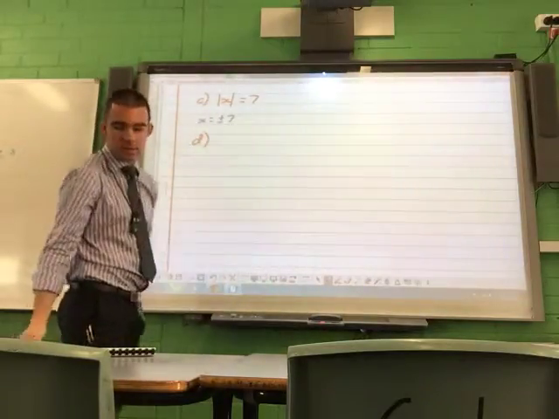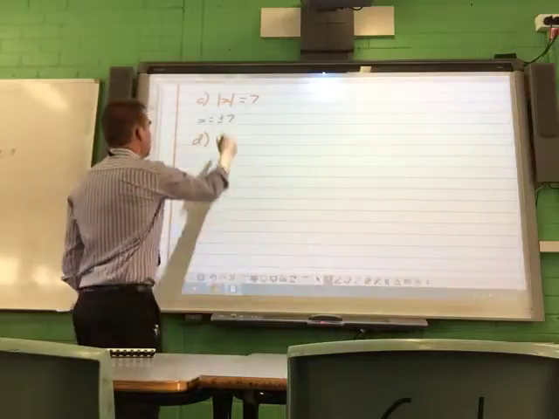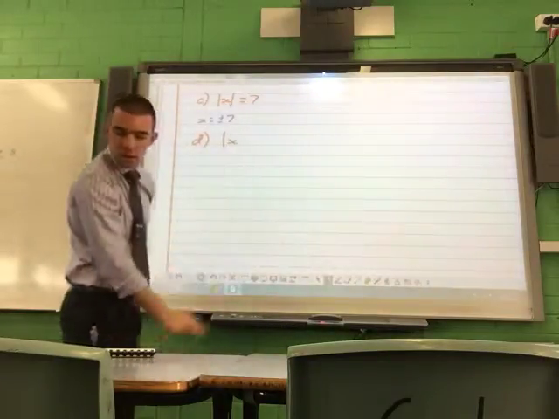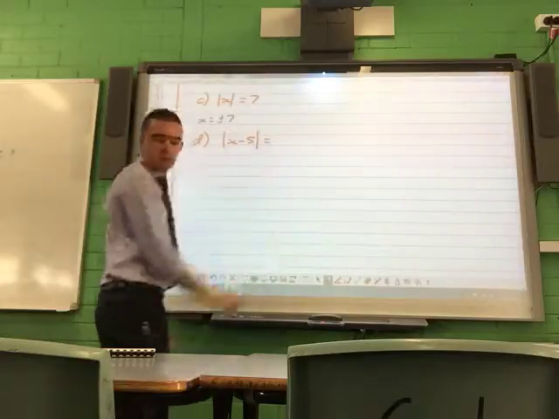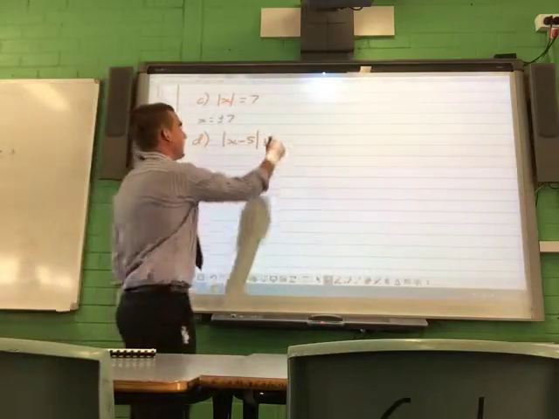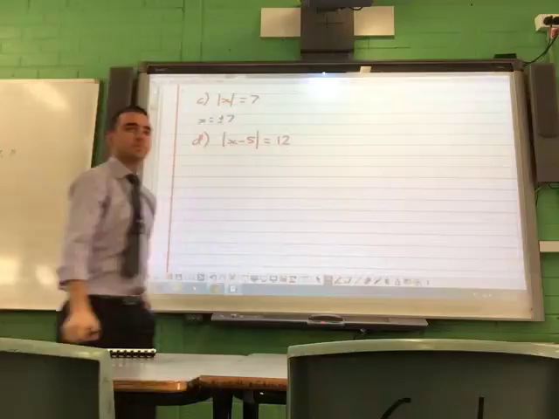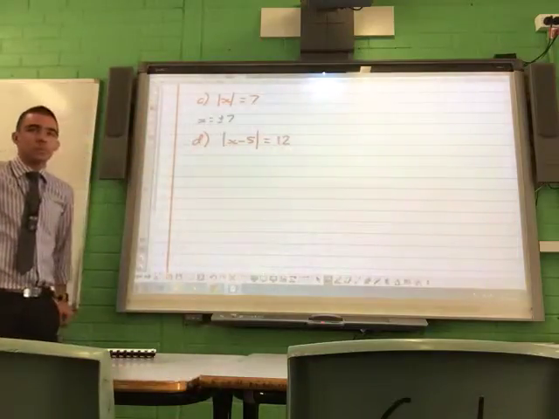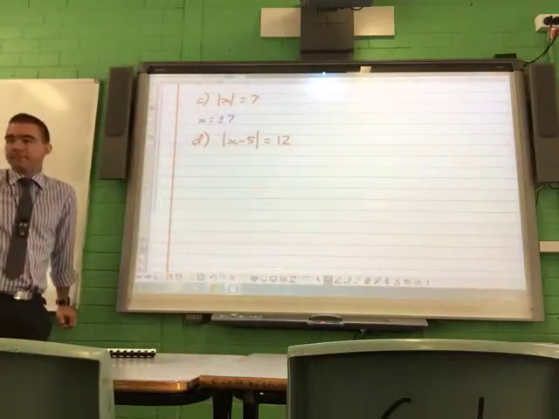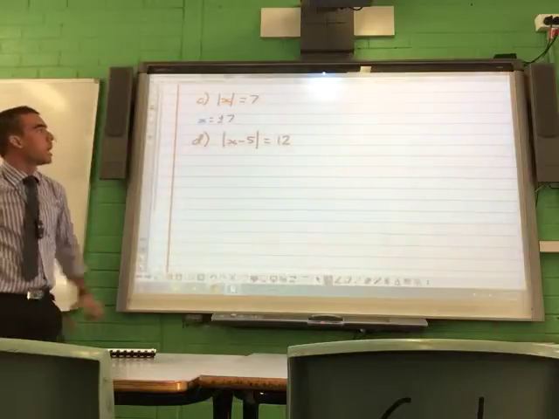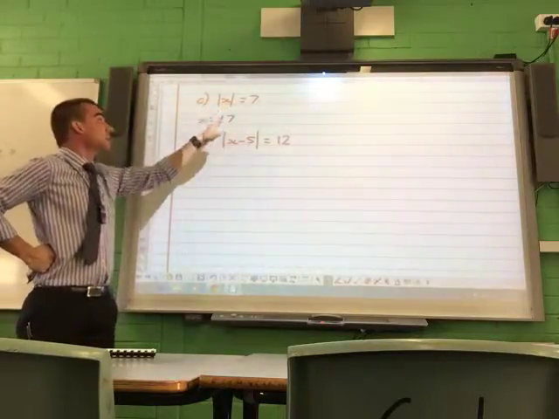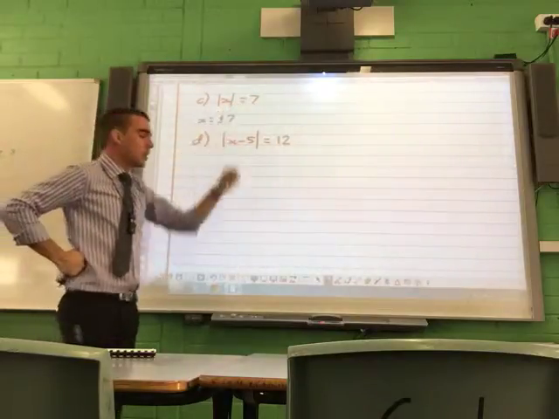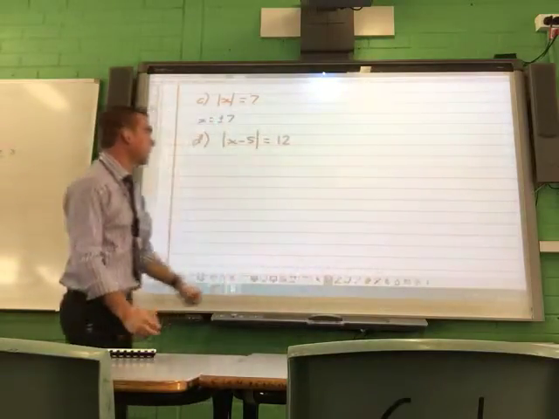D. Right, the absolute value of x take away 5 is equal to 12. Okay, so similar to what I've done up here, I had to make the number on the right hand side both positive and negative, so that is how I'm going to set up my work.